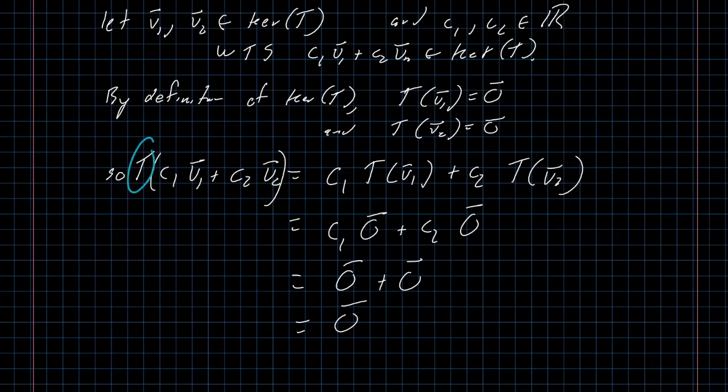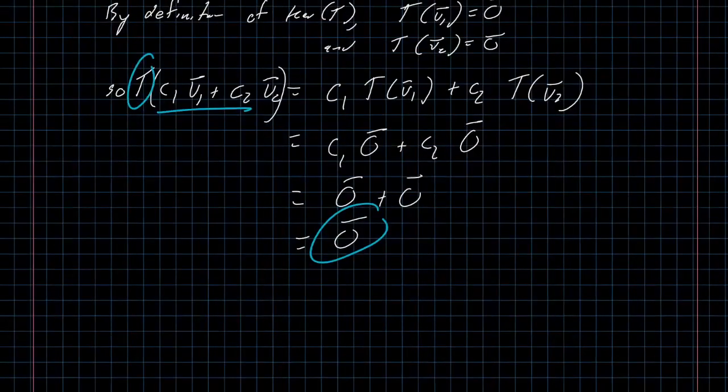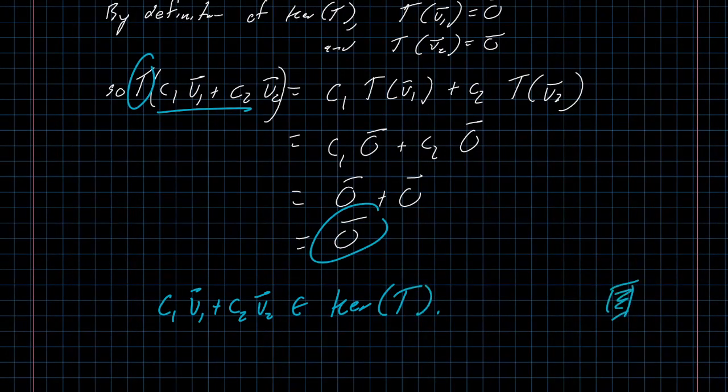If the transformation acting on our linear combination gives us the 0 vector out, by definition, C1v1 plus C2v2 must be in the kernel of that transformation. All right. So we know that the kernel is always going to be a vector space, which might make it a little bit easier to figure out how to name this thing.